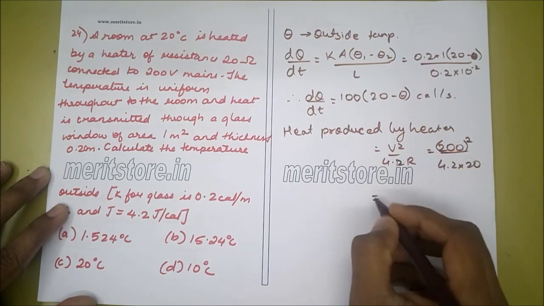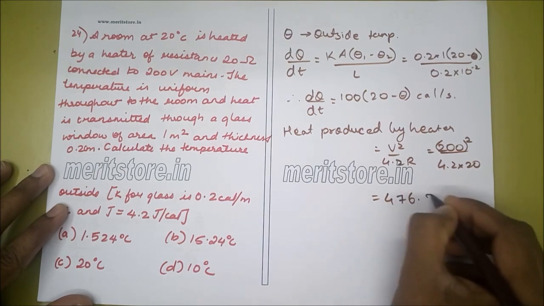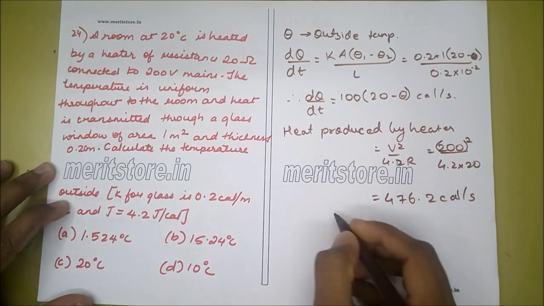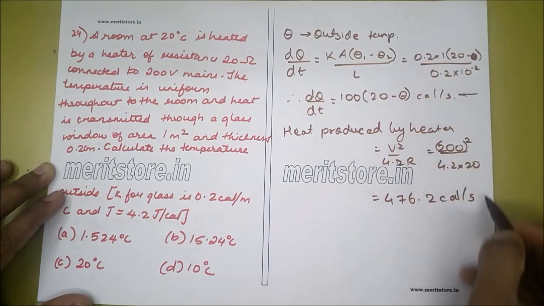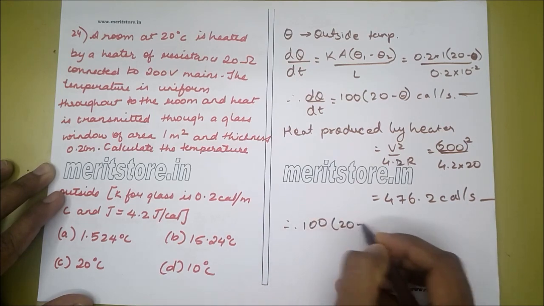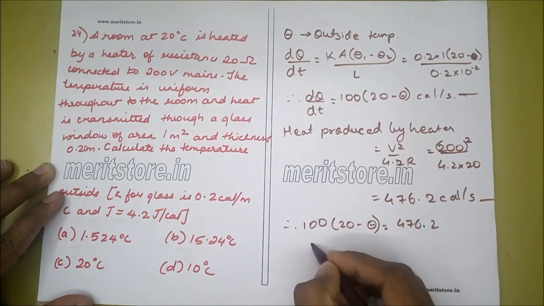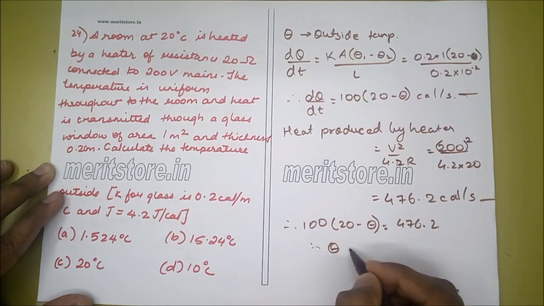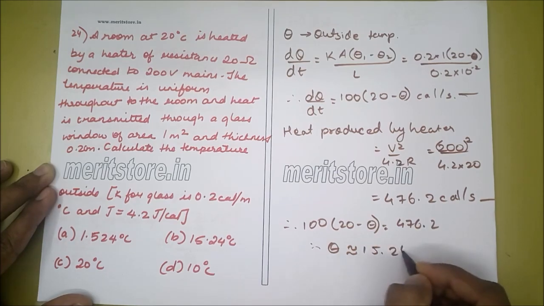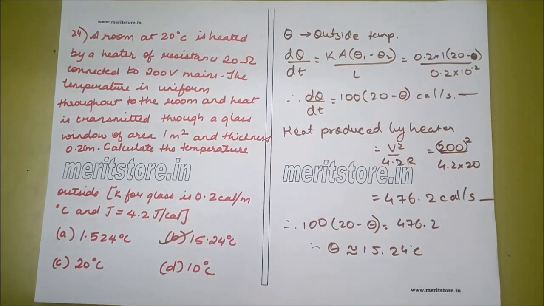So this value we obtained in calories is close to around 476.2 calories per second. So by equating these two equations, we get 100 times 20 minus theta is equal to 476.2. So solving for theta, the value comes around 15.24 degrees Celsius. Hence option B is the correct answer.